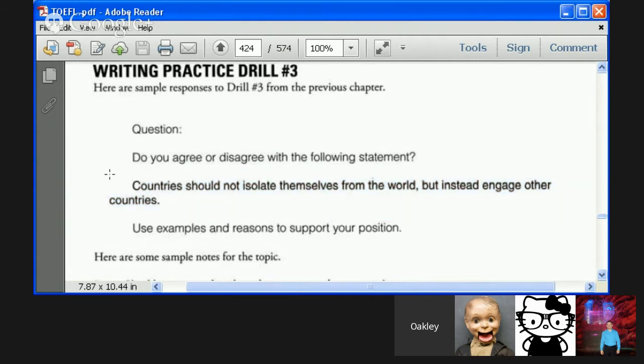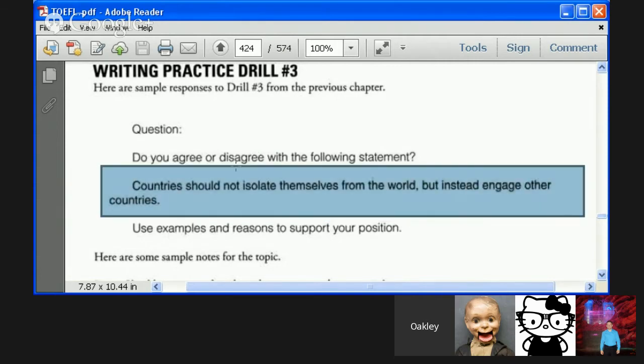So it's important that you take a position in the TOEFL exam. You really do not want to try to take a comparative approach. You do not want to compare good points and bad points, advantages and disadvantages. While that may be a useful strategy in CAE or IELTS, forget about it in TOEFL.